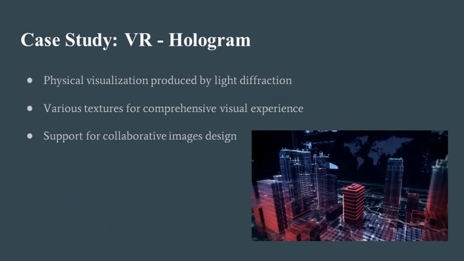The second VR technology that we found applied in Hong Kong is hologram. Hologram is a physical visualization technology that is produced by means of light diffraction. In this technology, various textures can be shown through the images, and it is used for a comprehensive visual experience in different professions.